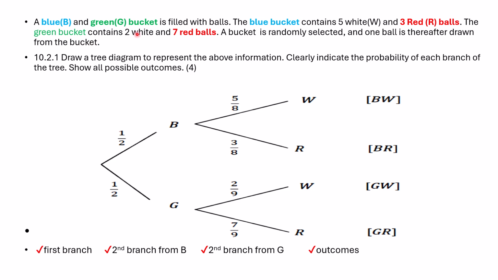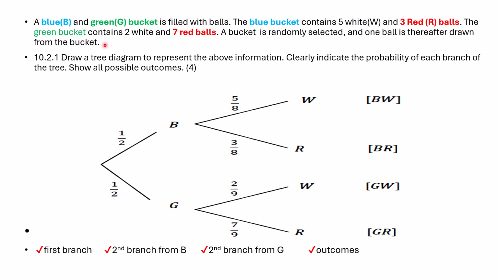The green bucket contains 2 white and 7 red, so from the green I can select white or red. In the blue bucket, I have 5 plus 3, which gives me 8 balls in total. So for the white, I have 5 over 8. And for the red, I have 3 over 8.